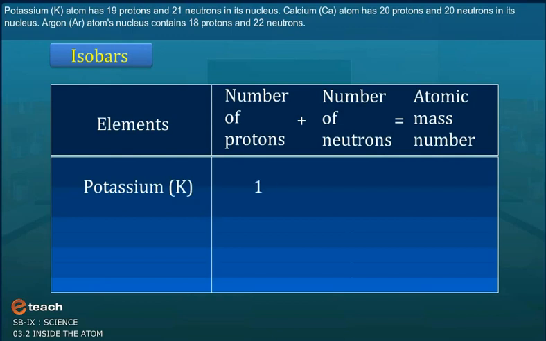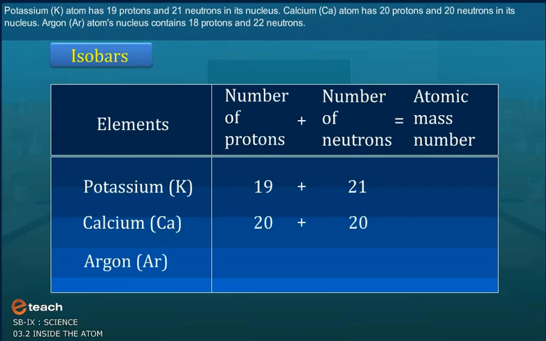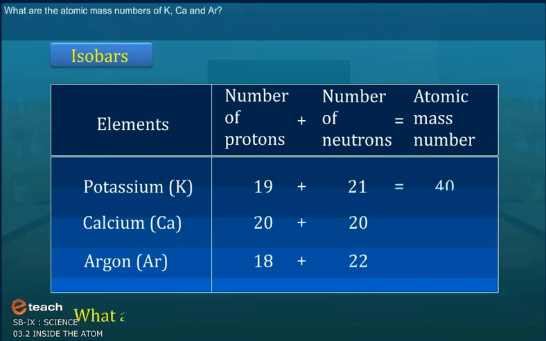Potassium, K, atom has 19 protons and 21 neutrons in its nucleus. Calcium, Ca, atom has 20 protons and 20 neutrons in its nucleus. Argon, that is Ar, atom's nucleus contains 18 protons and 22 neutrons.